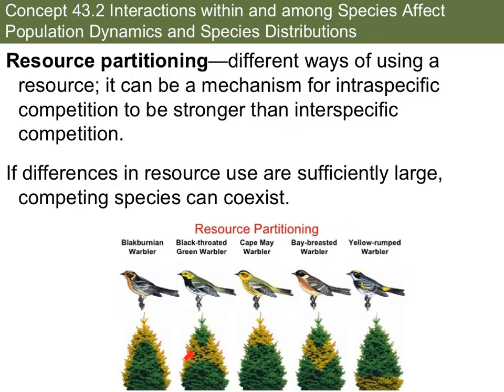This bird is found on the inside of the area. These birds tend to stay towards the top, these ones go to the middle and below, and these ones are exclusively down at the bottom. So these birds are able to share this type of tree and coexist because of the way that they share.